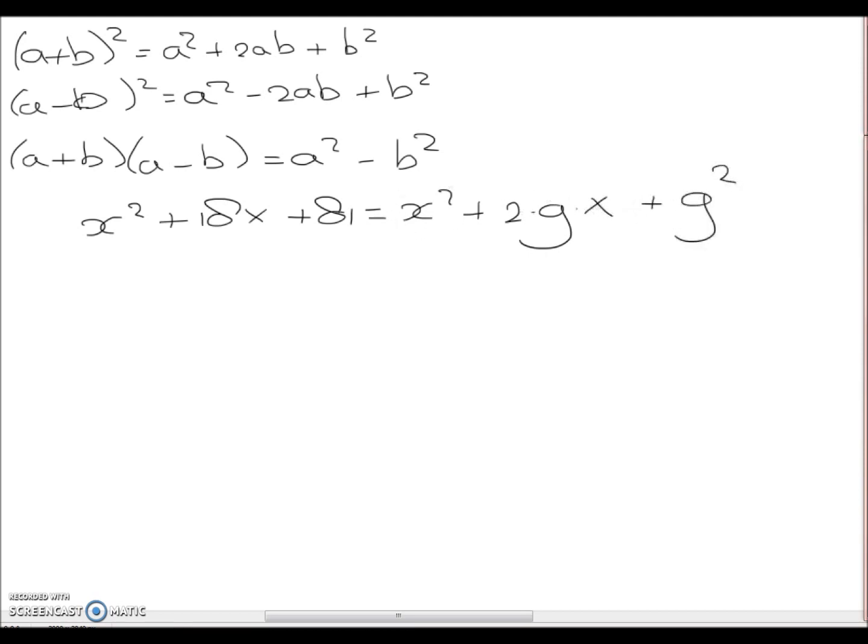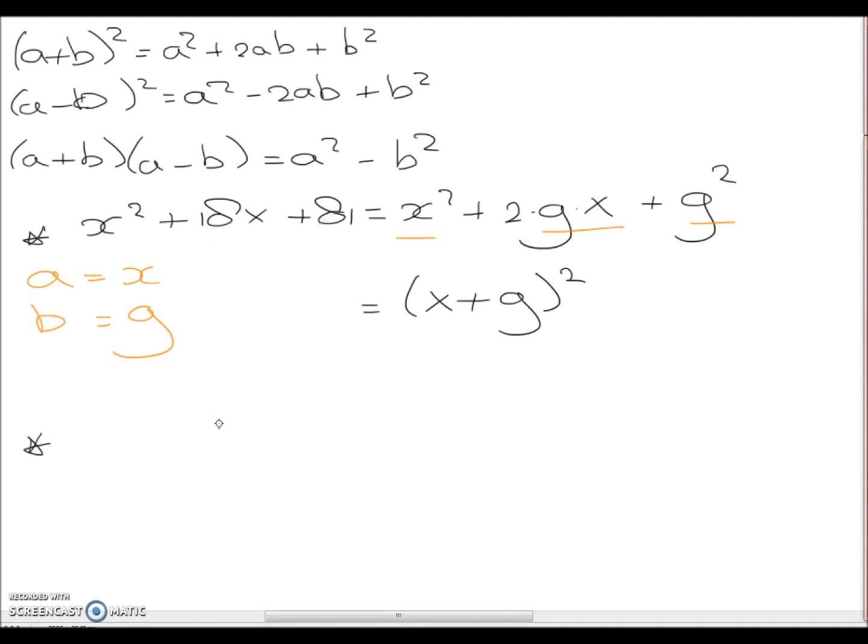And if we look closely, we can say, oh, look, there's something squared over here, there's something squared over here, and there's 2 times both numbers times each other. So our a, in this case, is x, and our b is 9, and this should be equal to (x plus 9) squared. This example could theoretically be done by product sum, because the sum of 9 and 9 is 18 and the product of 9 and 9 is 81.